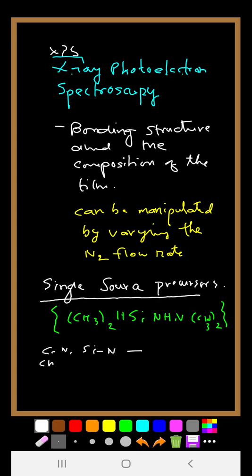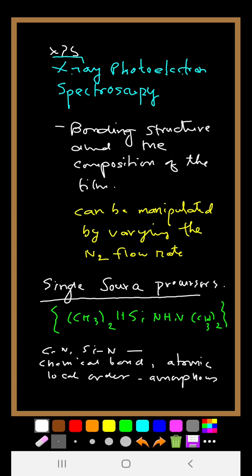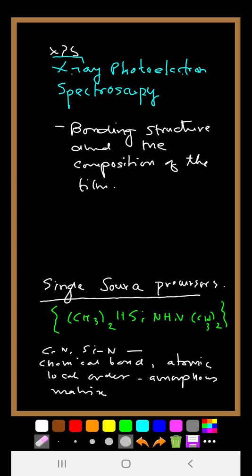So, if we look into the chemical bonding or the atomic local order of the amorphous matrix, why it is being called a matrix is because of the fact that when we are depositing a SiCN film, a nanocomposite SiCN film, it's basically an amorphous matrix, first of all, of SiCN.